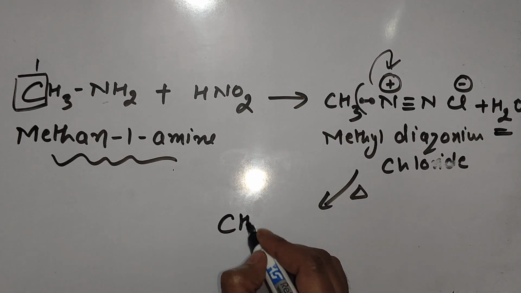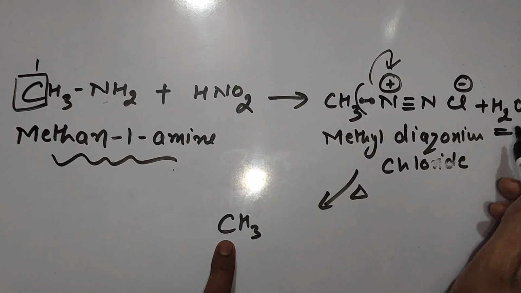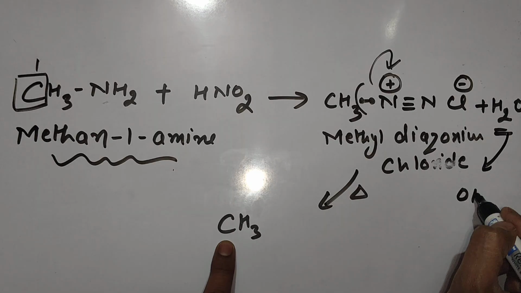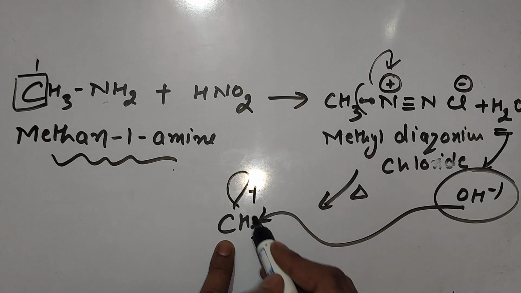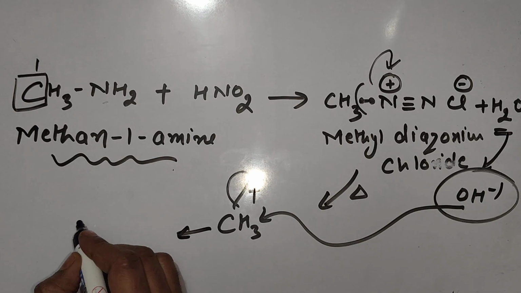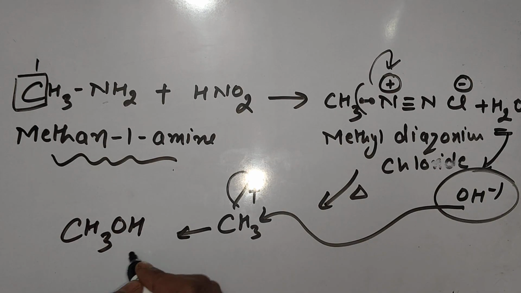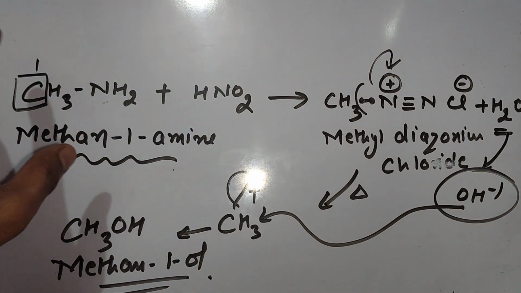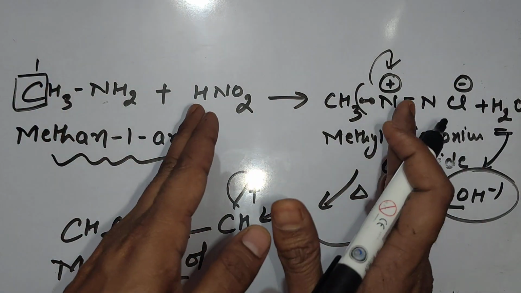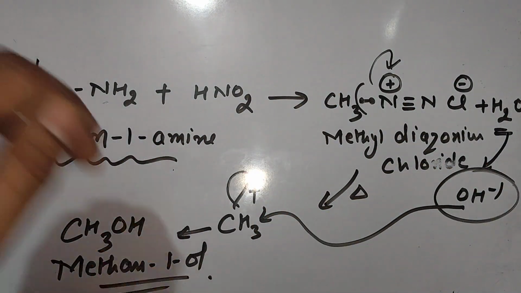This CH3 will become a carbocation. H2O will provide us OH negative, as we discussed in the mechanism. OH negative will combine with this CH3 particle to give CH3OH, methanol, methan-1-ol. Similarly, you can try reactions based on 1 degree amine and nitrous acid to create alcohol.